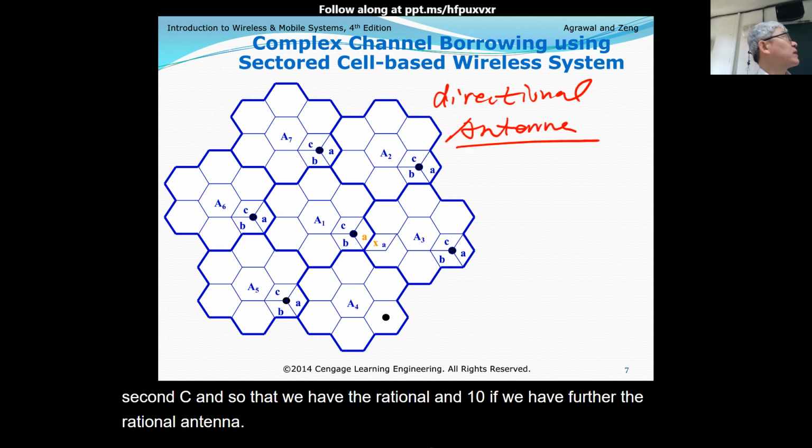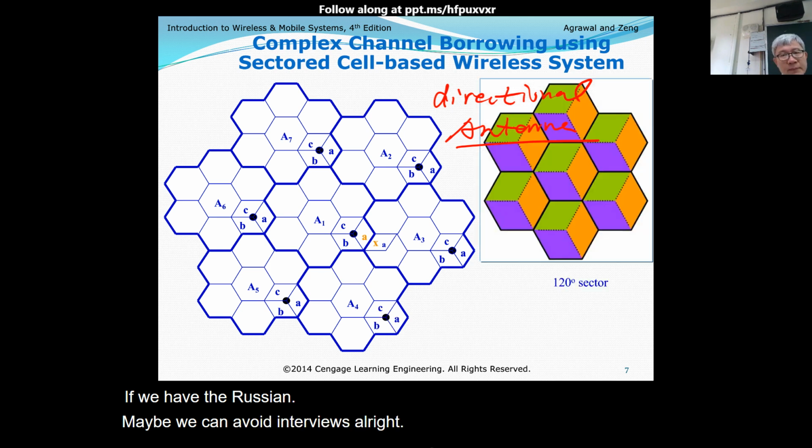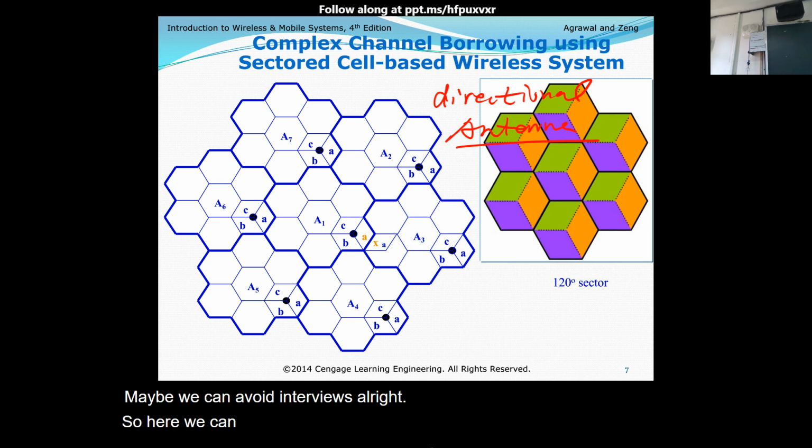If we have a directional antenna, then possibly we can avoid interference. So here we can see the three sectors in the cell, that's why we have A, B, C.